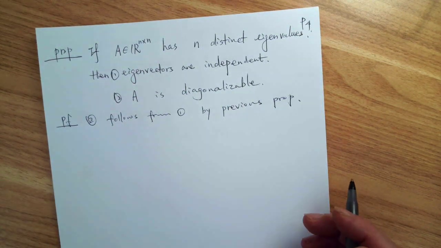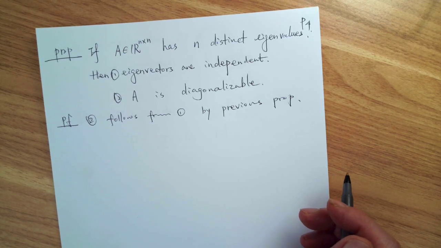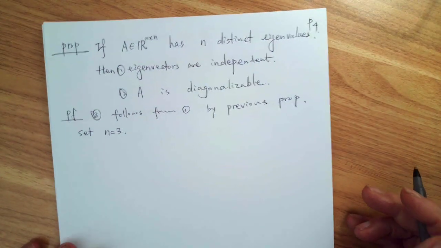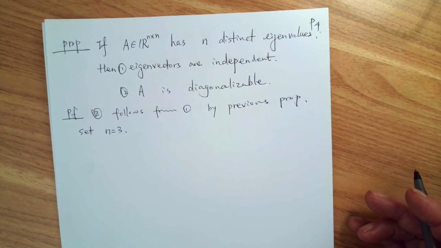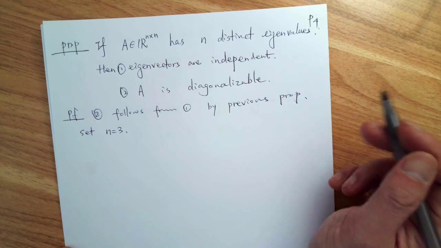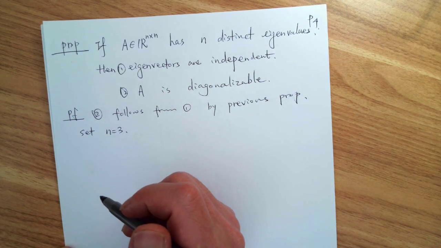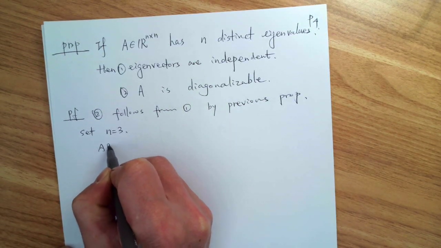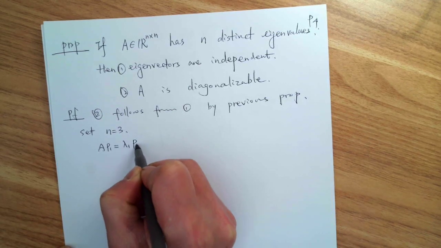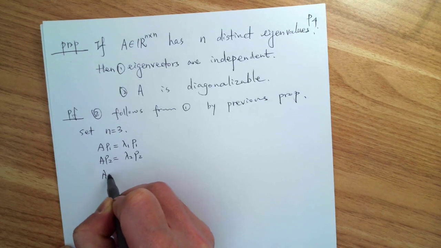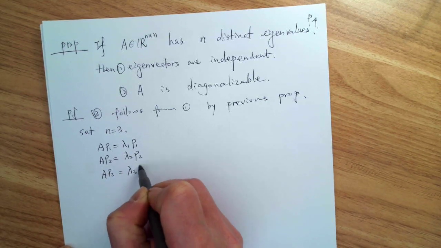To make it simple, we are going to look at n equals 3. Suppose A is given by, so 3 distinct eigenvalues. So we have AP1 equals lambda 1 P1, AP2 equals lambda 2 P2, AP3 equals lambda 3 P3, right?